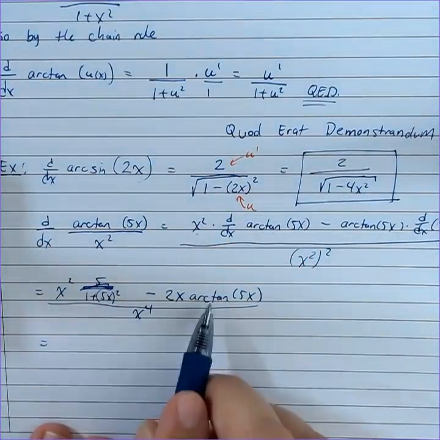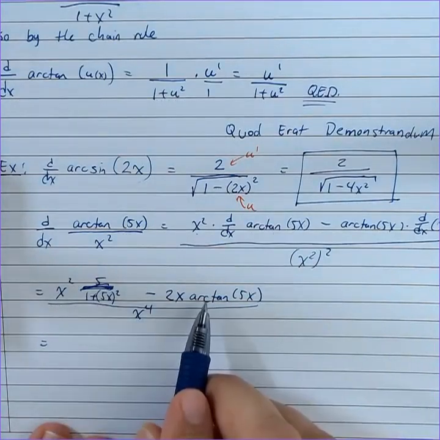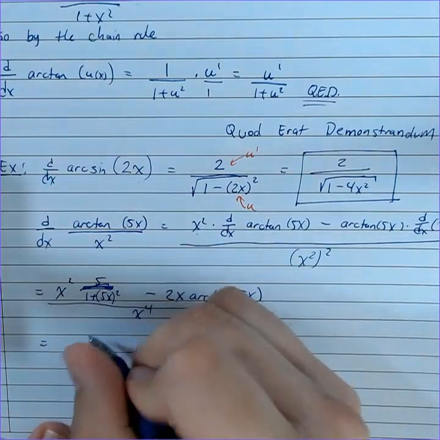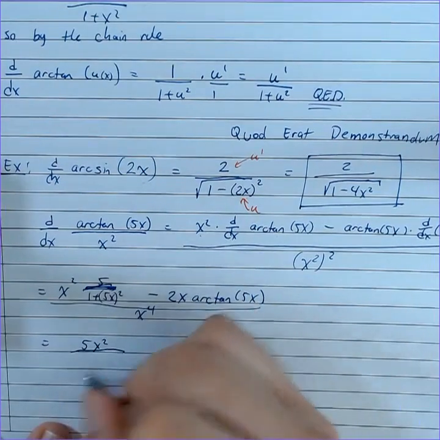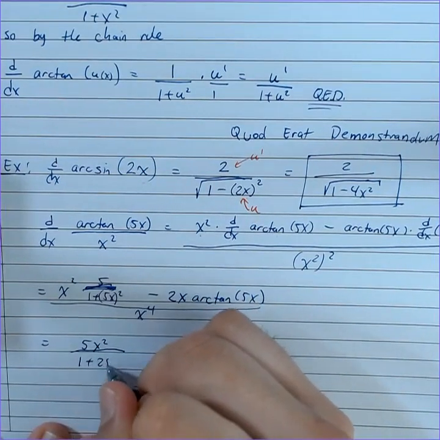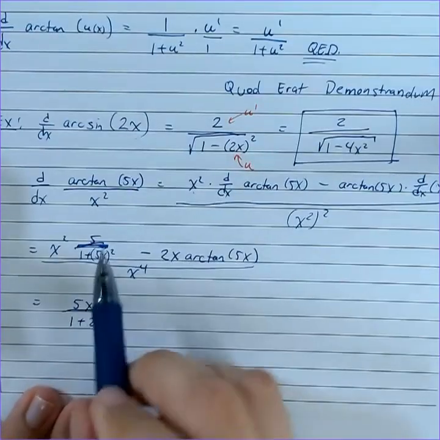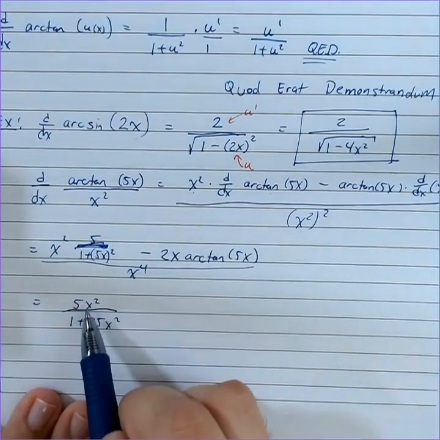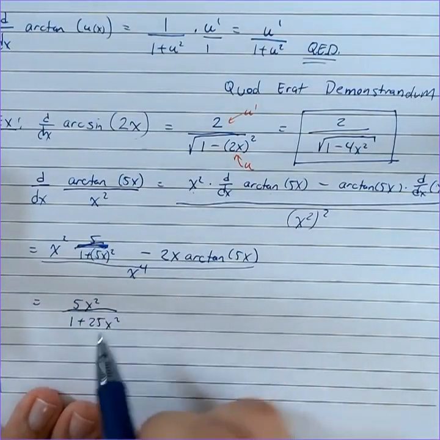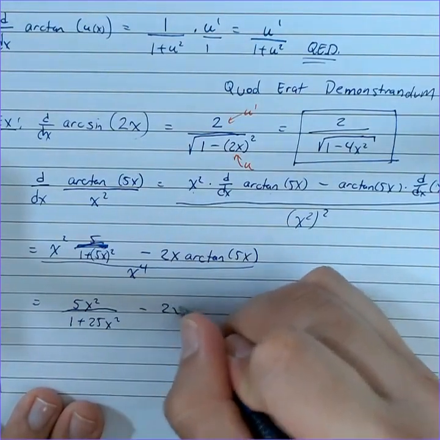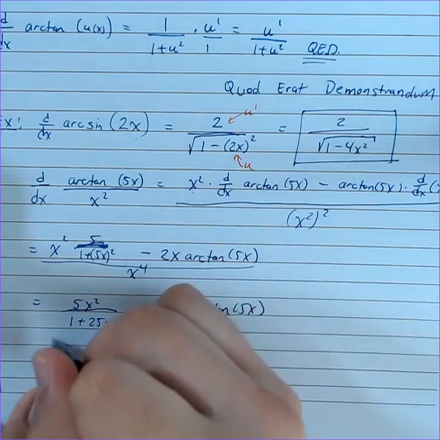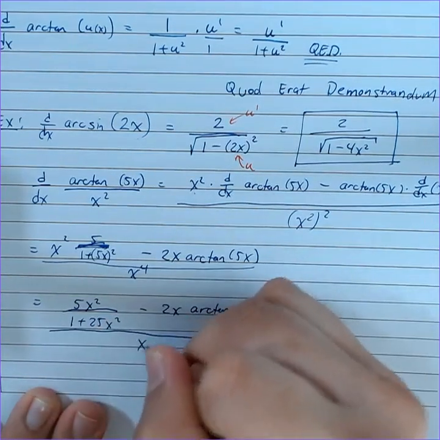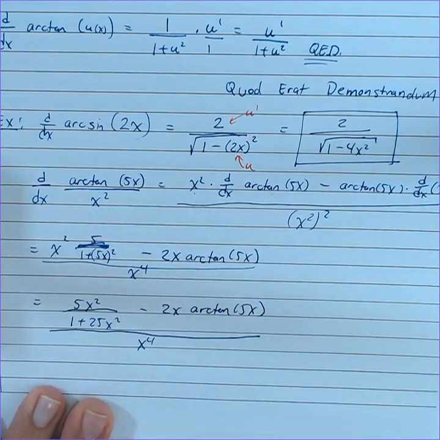We're going to need to give these a common denominator so we can merge that all together. So we can write this as 5x squared over 1 plus 25x squared. 5 times x squared is up there. 1 plus, I went ahead and squared that out, minus 2x times the arctangent of 5x all over x to the fourth.